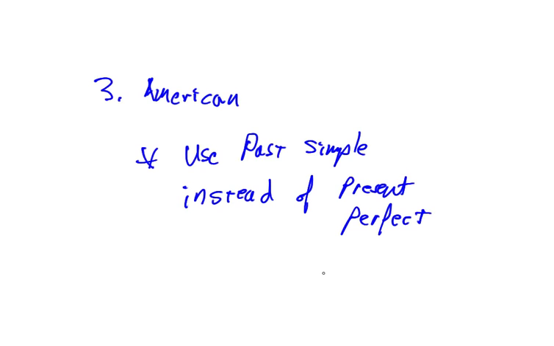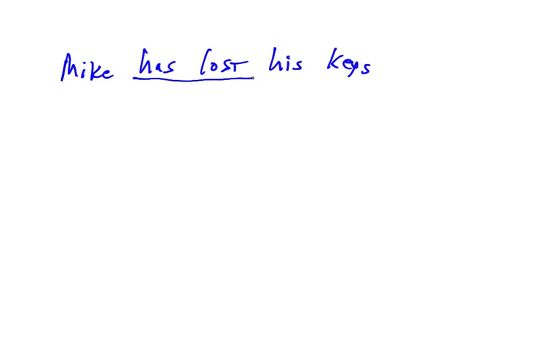Americans will often use past simple instead of present perfect. For example, we saw the example of, let's say, Mike has lost his keys. Alright, this is present perfect and has the meaning in the past, here's lost, and now keys still lost.